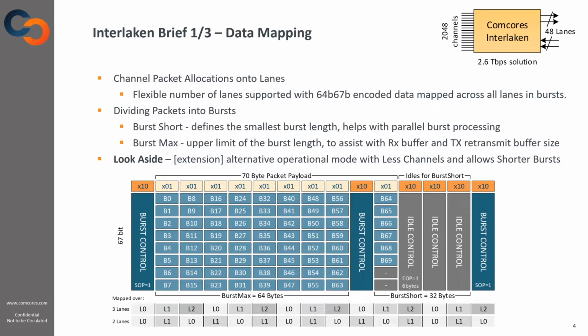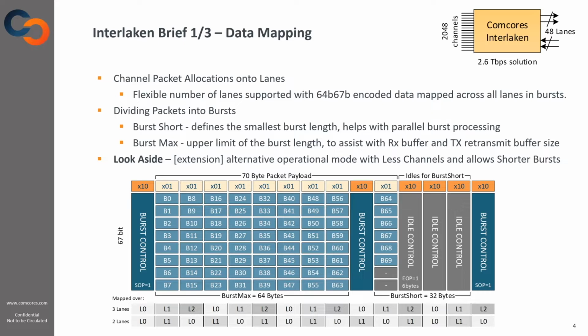basically an indication of how data is mapped together with control words. You can see in these vertical columns, it's 67 bits, so basically 1 Interlaken word. There are burst control and idle control words, and also the B numbers are basically packet payload bytes. So here we're sending a packet of 70 bytes, but we have a burst max set to 64.